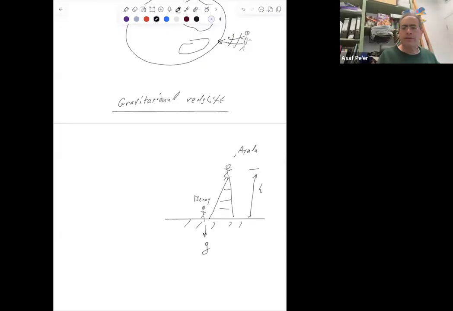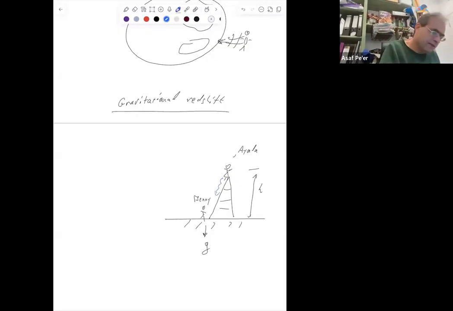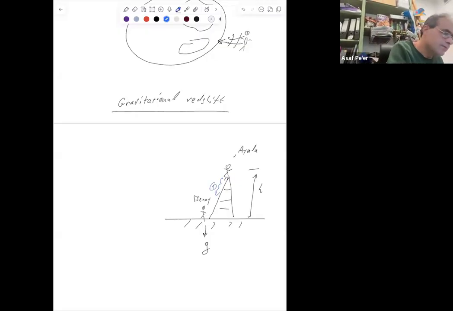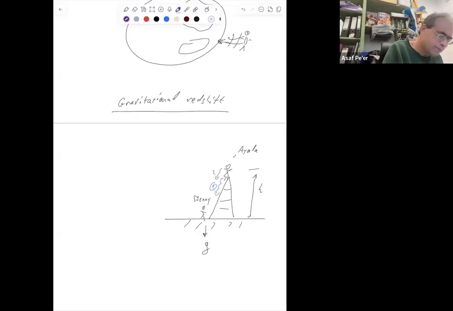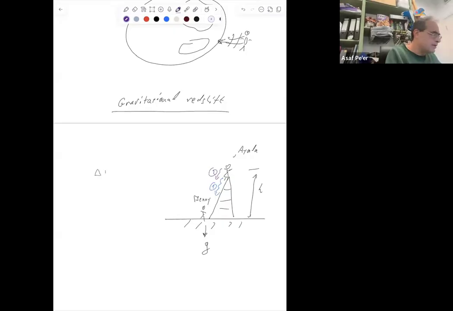Now Ayala wants to tell something to Benny. Give me the bulb, whatever. She wants to transmit a message to him. What does she do? Well, the only thing she can do, she sends him a photon. And then she sends him a second photon. The two photons she emits are separated by time, delta tau Ayala.